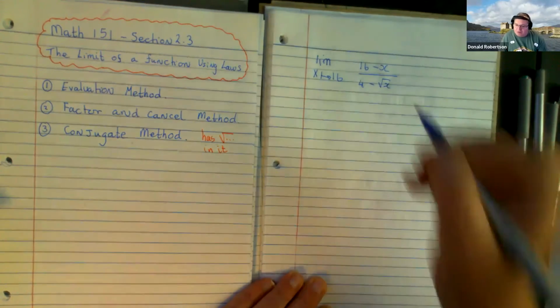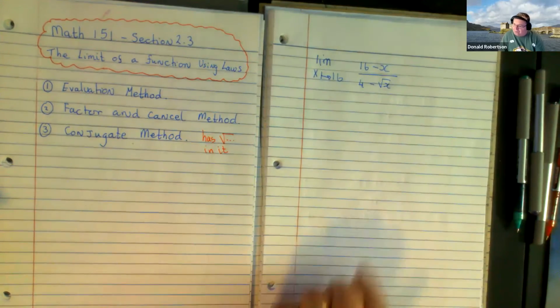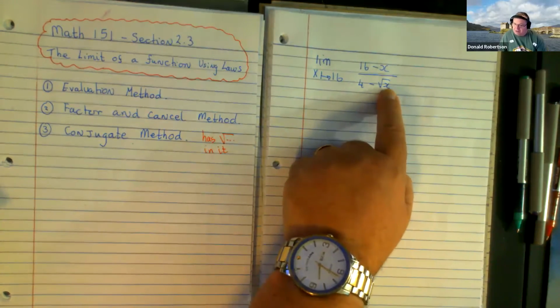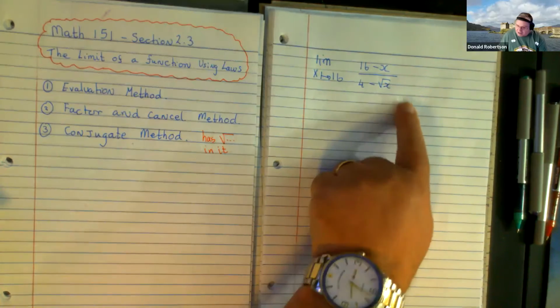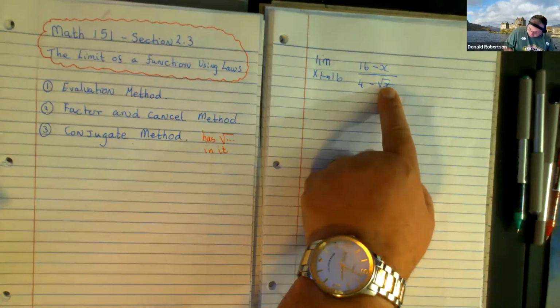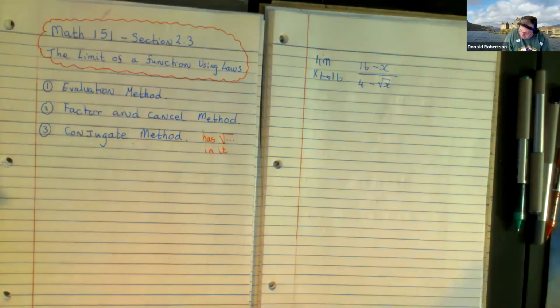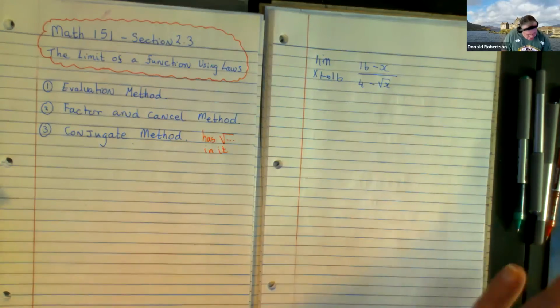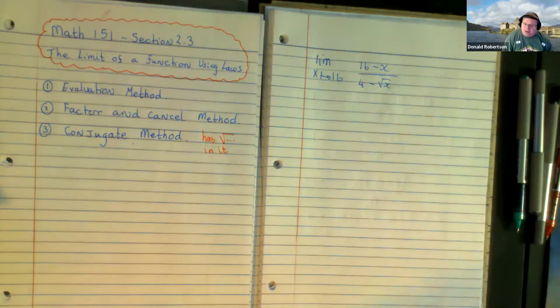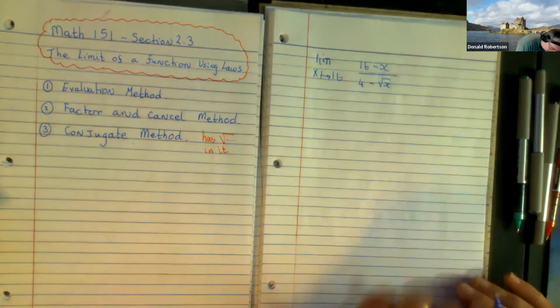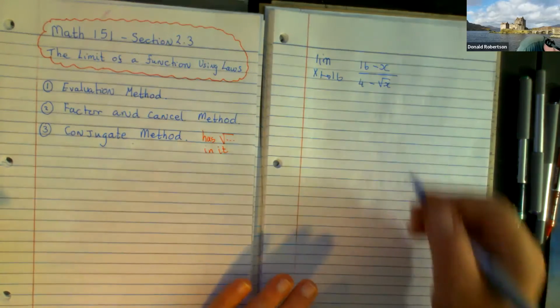Now, do you see what I'm talking about? There's a square root in the answer, right? Pretty clear. It can be the square root of x, or the square root of x plus 7, right? So there's an x plus 7 inside it. Any kind of square root that looks like that, you are going to say conjugate method. So let me show you how this works.